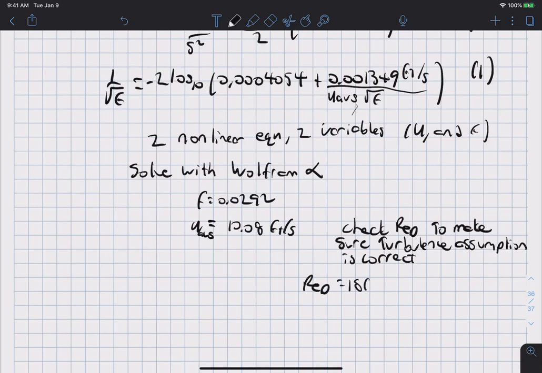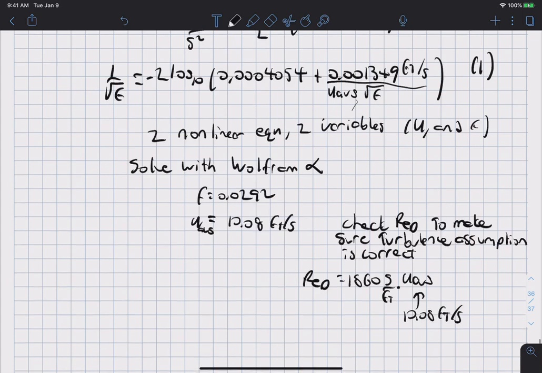That equals 1860 seconds per feet times U averaged, and that's 10.08 feet per second. And that implies that RED equals 18,750, which is greater than 2,300.